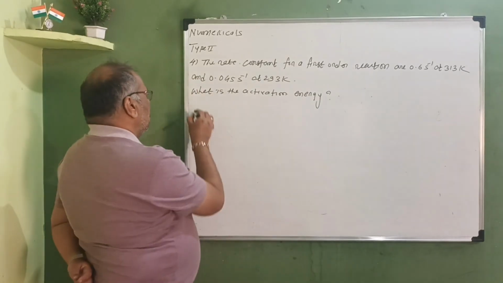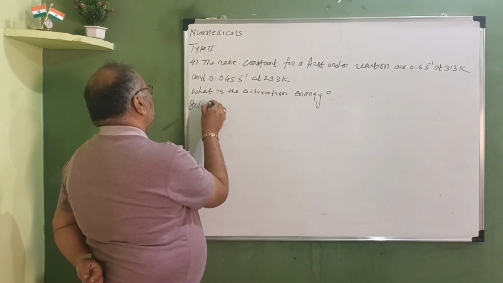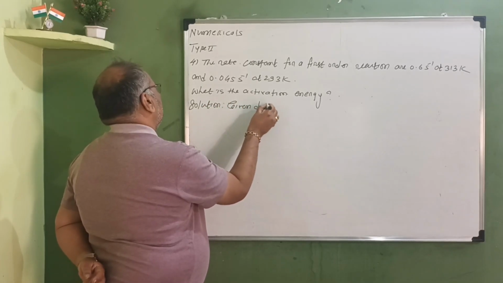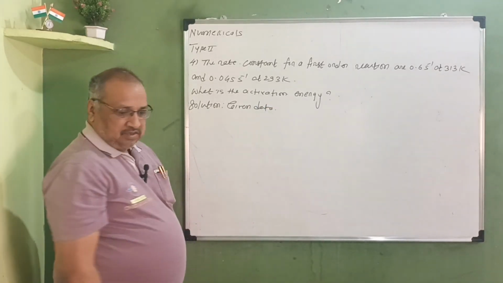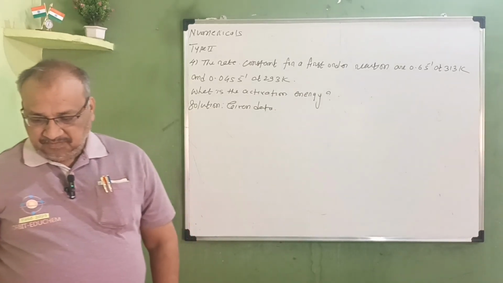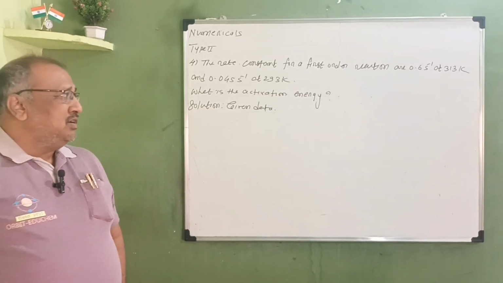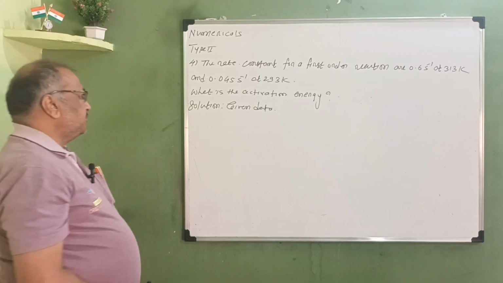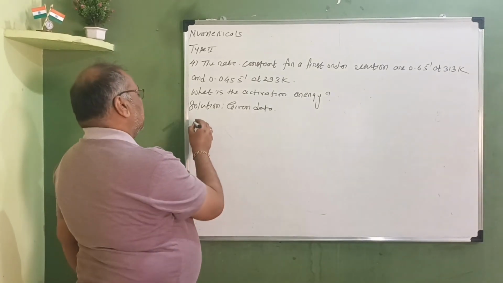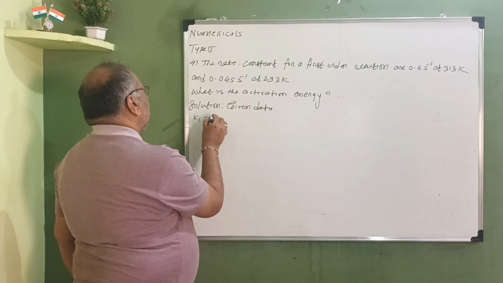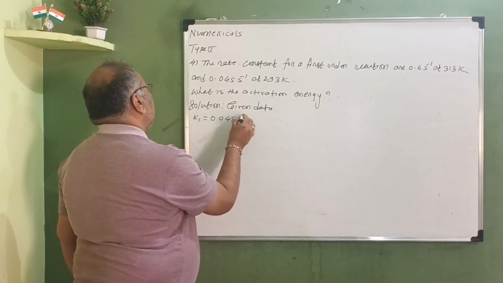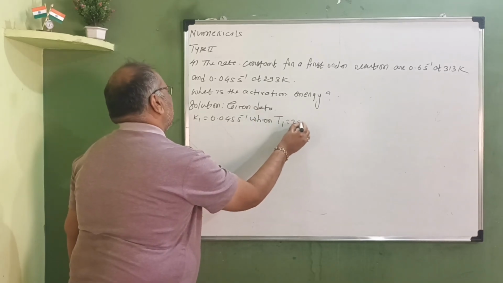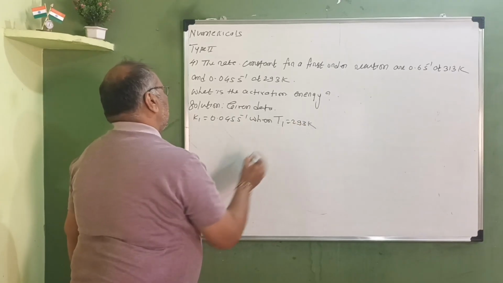Now here write down solution. Given data, here the rate constant are given at two different temperature. Here K1 equal to 0.045 second inverse when temperature T1 equal to 293 Kelvin.